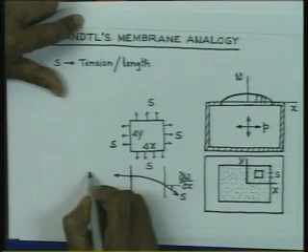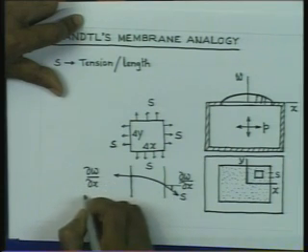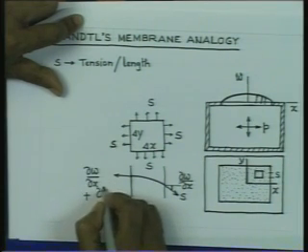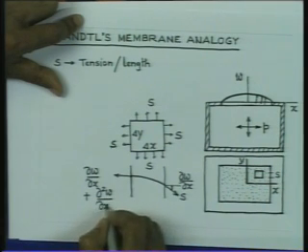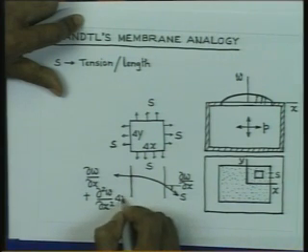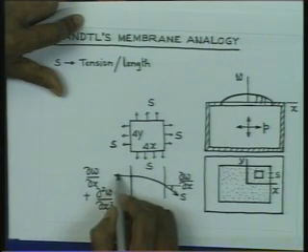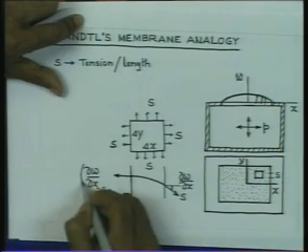Let us consider that this slope is equal to delta W by delta x plus the rate of change of delta W by delta x with x, that is delta 2 W by delta x square multiplied by delta x. So, the slope here is like this.